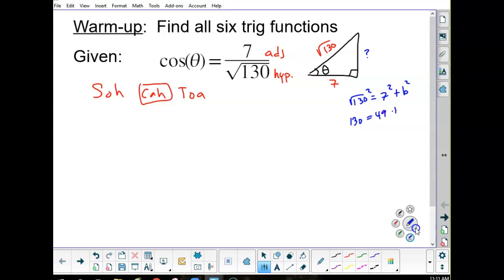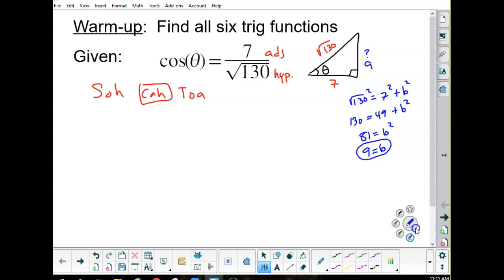You don't have to actually show any of this work. If you can do this part in your calculator, go right ahead, because this is what we call a prerequisite skill. And then if you take the square root of 81, you should find out the missing side length here is 9.